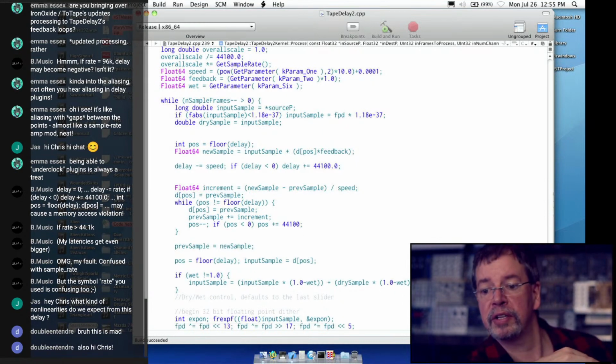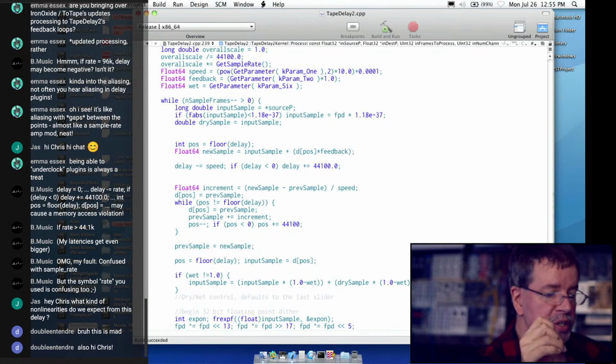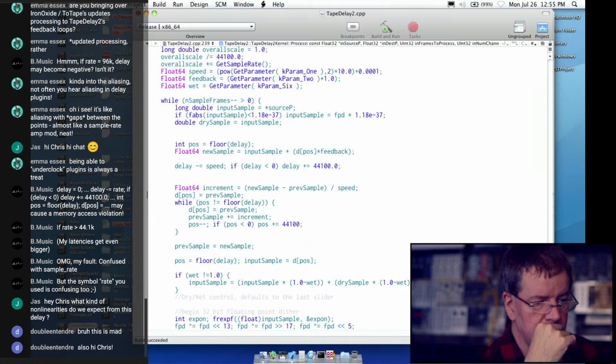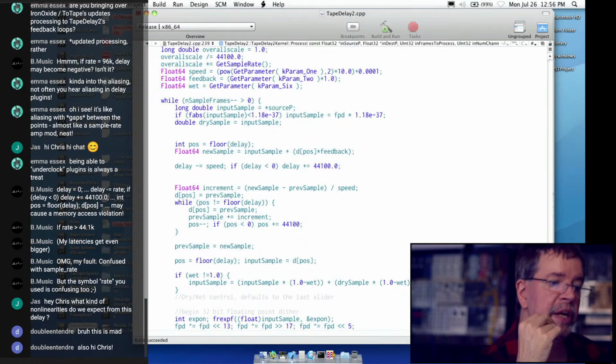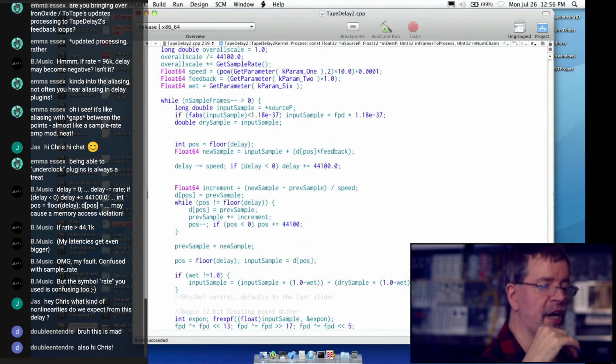We could just try it, see how it blows up, see what crazy things it does. My problem here is that if speed winds up becoming a tiny, tiny number, then we don't want that. I'm not going to want increment to become huge by being divided by a tiny, tiny fraction.